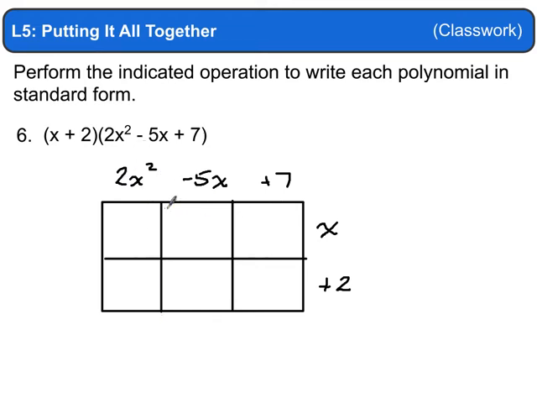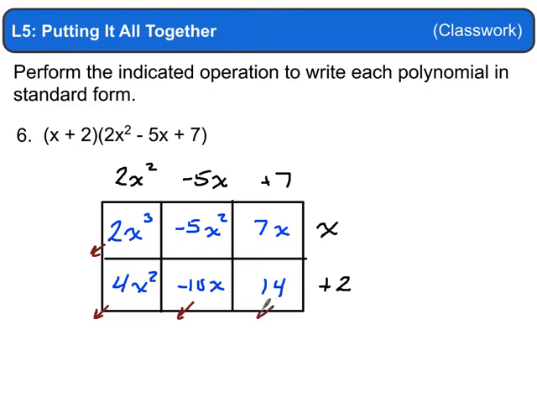2x squared times x is 2x to the third. This one is negative 5x squared. This one is 7x. Next row, we're going to get 4x squared. We'll get negative 10x, and then we'll get 14. Remember, this is not your final answer. We need to pull out the like terms for each diagonal row. So the first one stays as is.